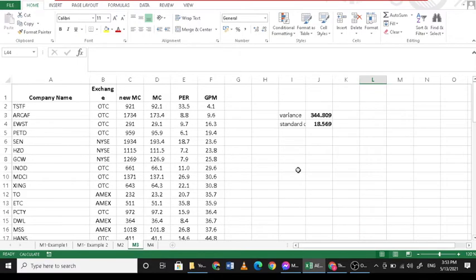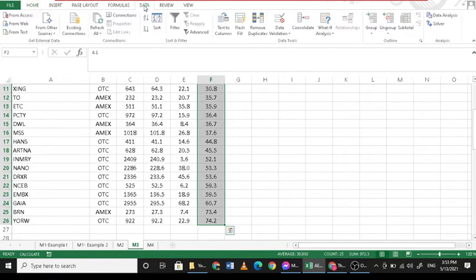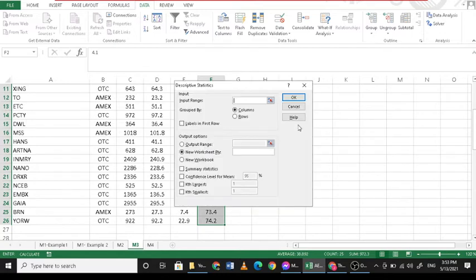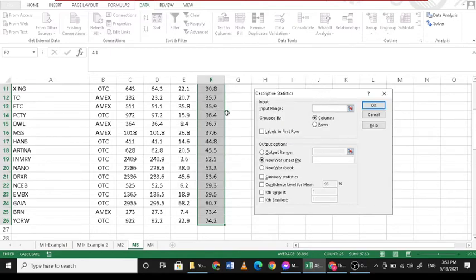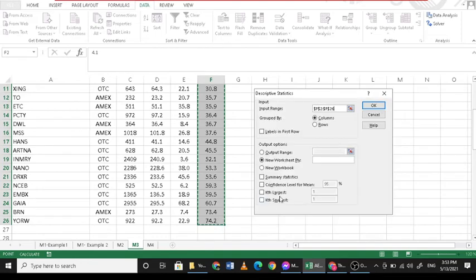Since this is Excel, you can also do this directly. Go to Data Analysis, then use Descriptive Statistics. For the input range, you simply select your GPM, and group by column. Actually, you can select everything.